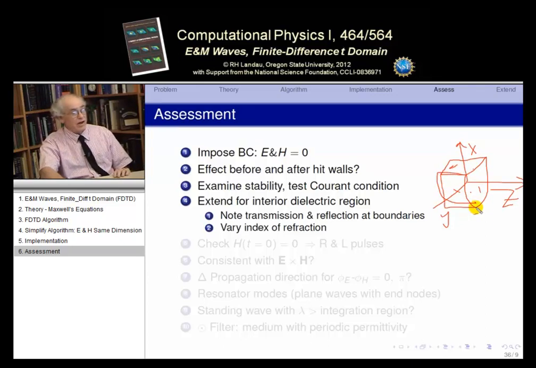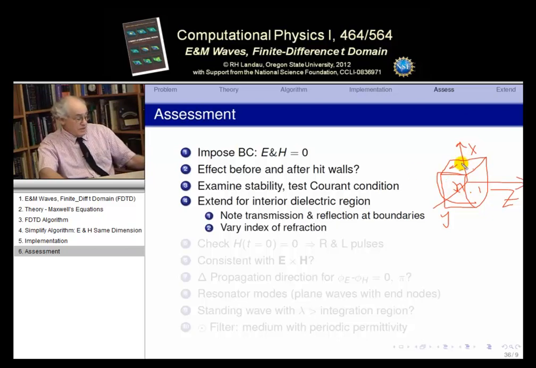You can make it square, okay. And it could be a filter. It could be a comb, okay, something like that. Look at the reflections at the boundary and the interior boundaries. See what happens to the wave when it hits a dielectric medium. Try varying the index of refraction, n, of this medium and seeing what the effect might be.